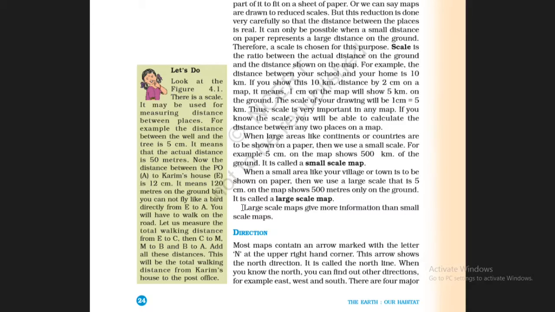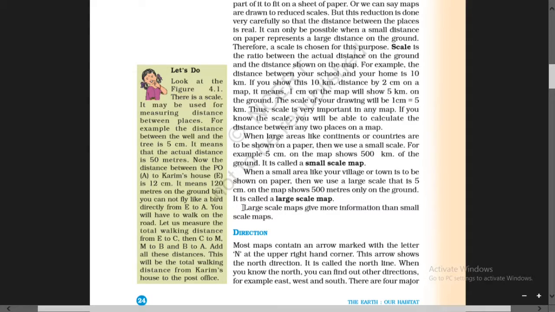That is, 5 centimeters on the map shows 500 meters only on the ground. It is called a large scale map.